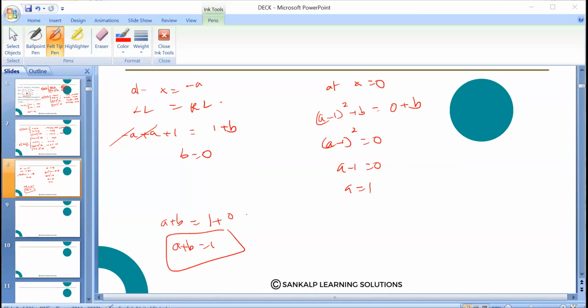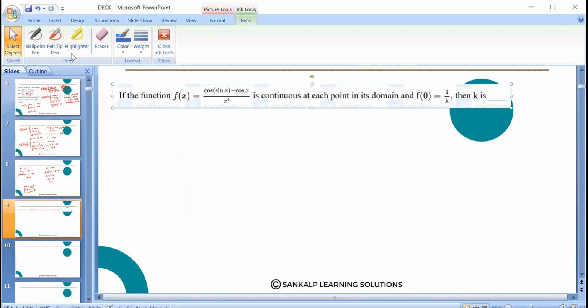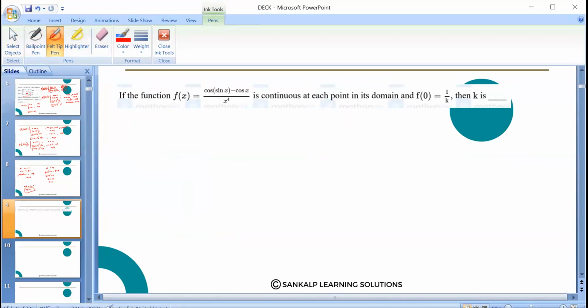Next, if the function f of x is continuous and f of 0 is 1 by k, then k is? Continuous means limit of cos of sin x minus cos x over x power 4 as x approaches 0 is f of 0.